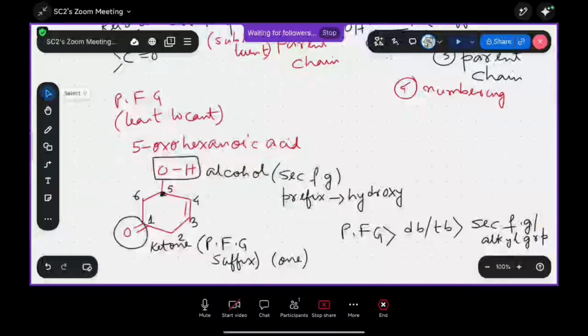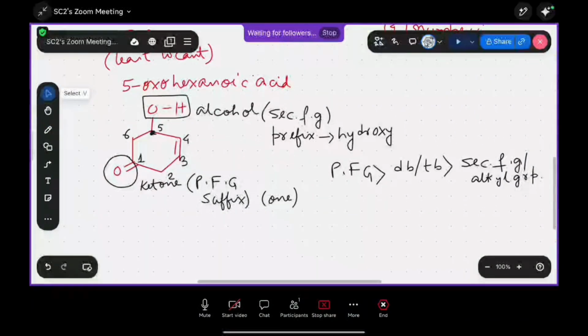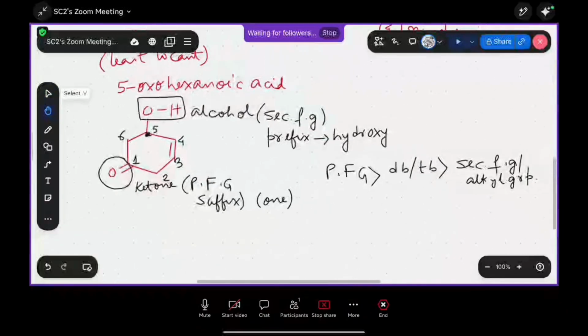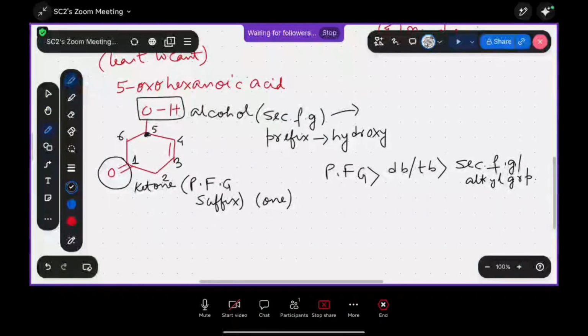So after that, we need to assemble. All the steps are done. After the assembling, what does the name become? At the 5th position no other alkyl group is there. As already said, the secondary functional group will be treated as the substituent. So just following the format, the substituent or the side chain is written first with the locant.